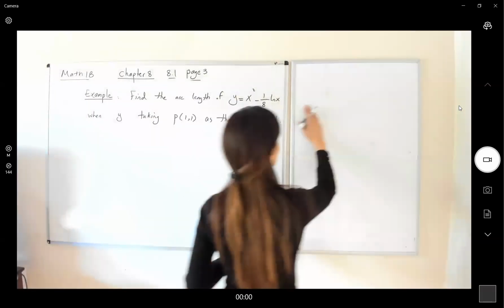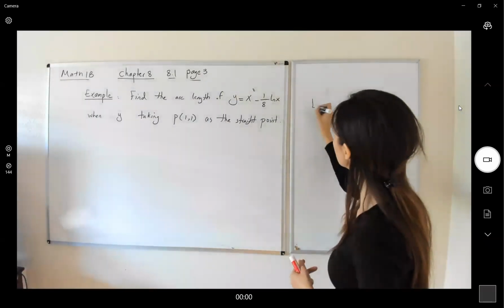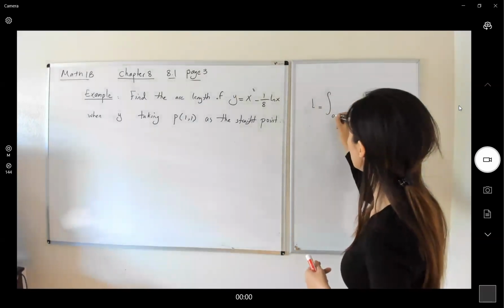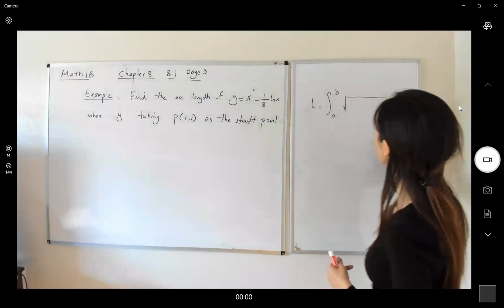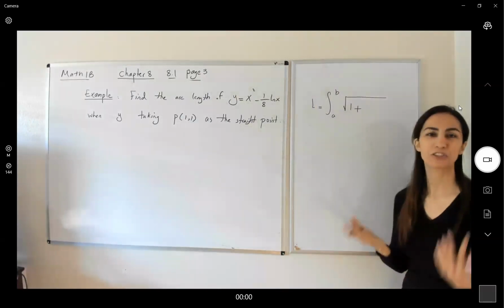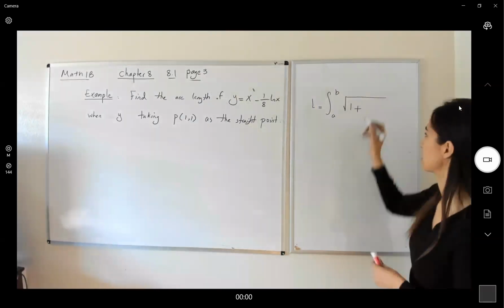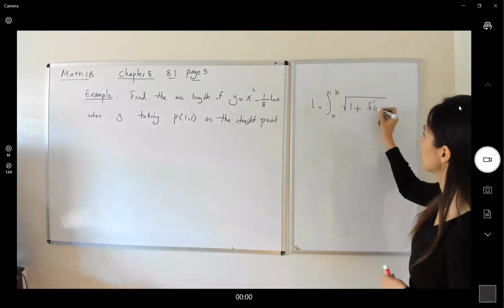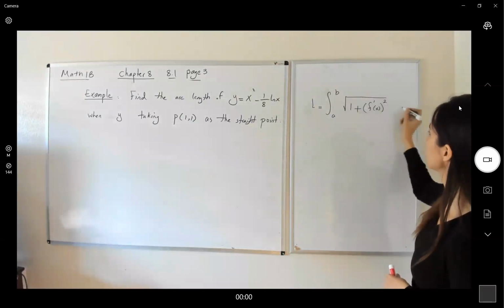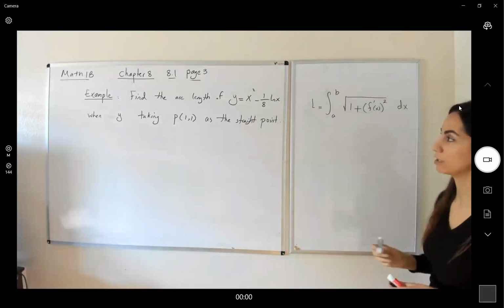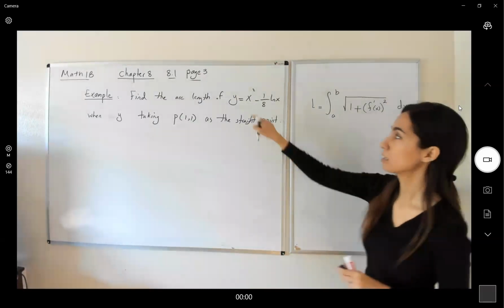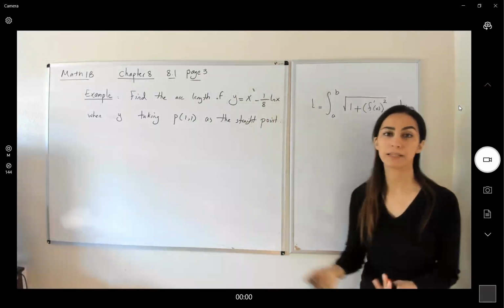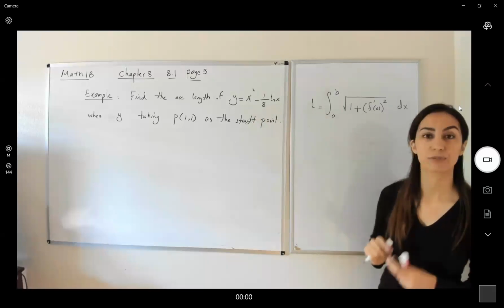There you go. What we know is that the length is equal to the integral from a to b of the square root of 1 plus the derivative of the function raised to the second power. So we need the derivative of the function squared with respect to variable x. Since you have ln of x, it's better to take the derivative with respect to x.